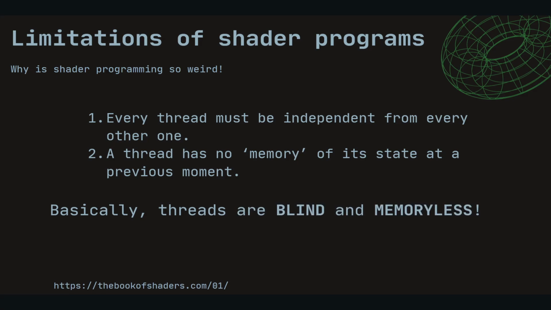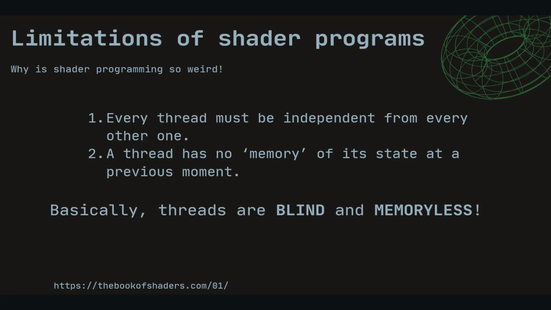But again, the reason shader programs are kind of weird is that there are these limitations. In the analogy from the previous slide, each thread, each pipe, was a separate pipe. So you can't read data from other pipes at the same time, and you can't see what was happening in a previous state.